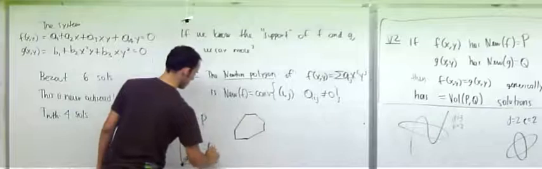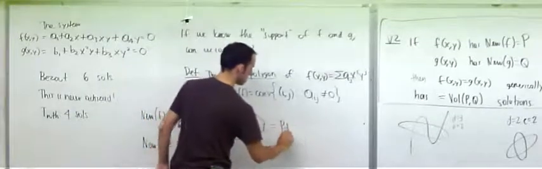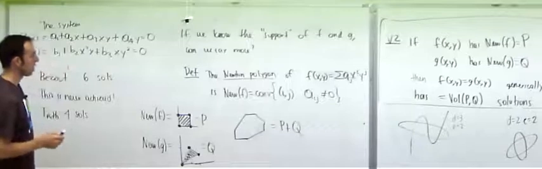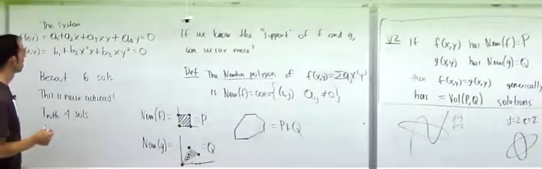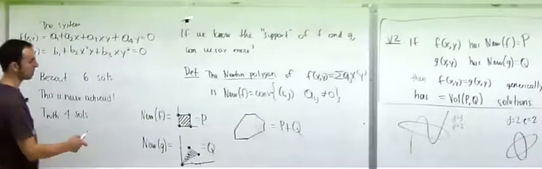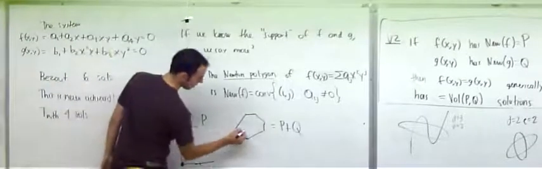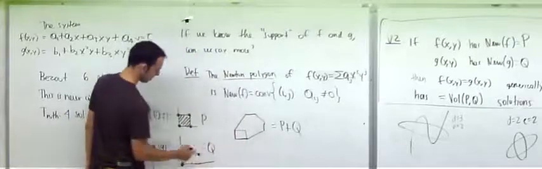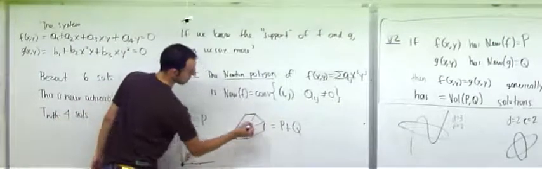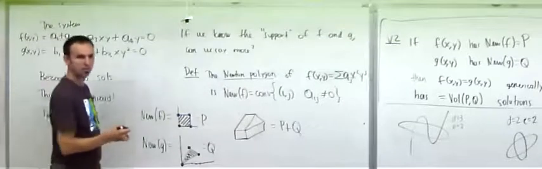This is P, this is Q, this is P plus Q. And so what this says is that if you want to find how many solutions this has, just take P plus Q, then take out P, take out Q, and count how much area is left.